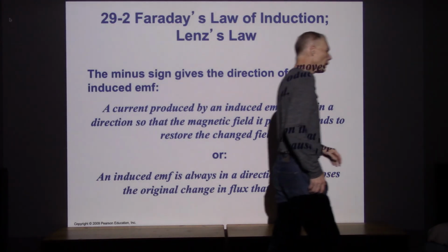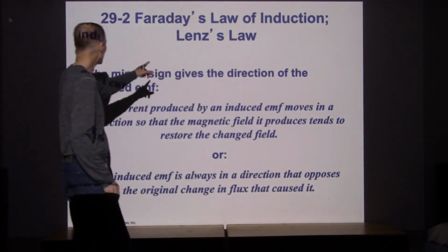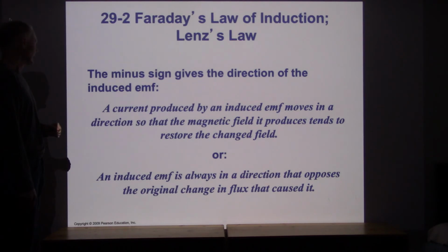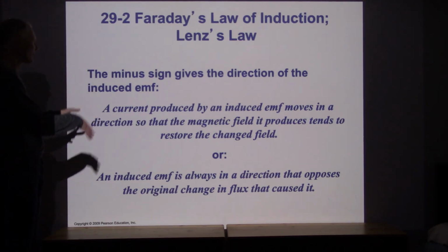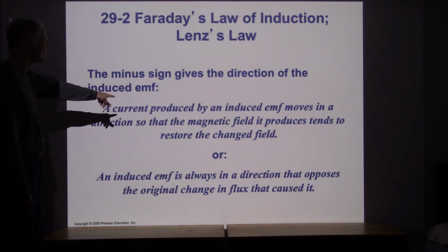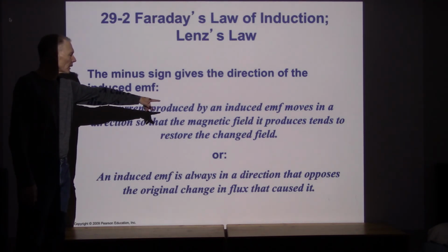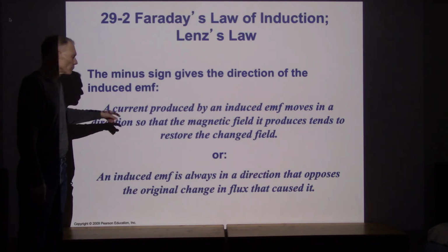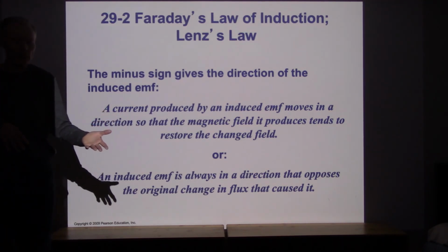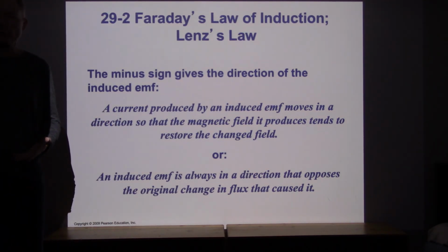Okay, and again, the book uses this approach called Lenz's law. And I can read this, I guess. The current that we generate through these EMF generators is always going to move in a direction that opposes whatever the magnetic field is doing.